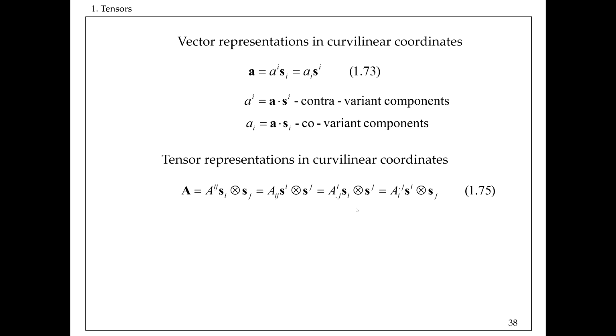There is still the summation notation of Einstein that we agreed on and are using here, and that works in a very similar way as it did in our Cartesian coordinate system. Now here you have different levels of superscripts and subscripts.